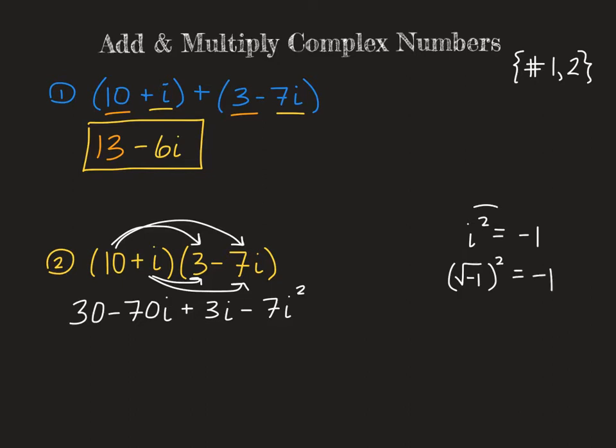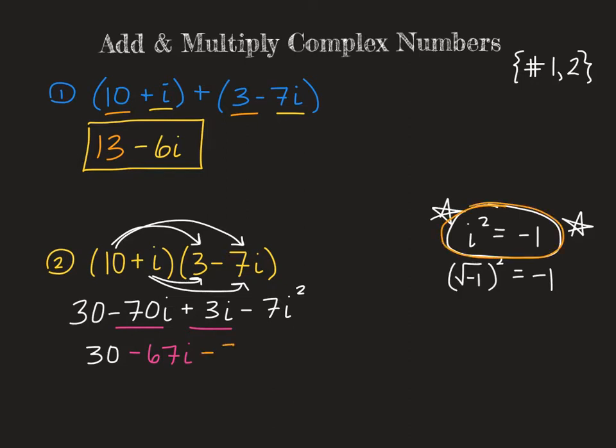This doesn't matter so much. This is what you have to remember: i squared is technically a real number. It is -1. In this next line, I'm going to combine these like terms. So we'll have the 30 still out front, then minus 67i when we combine those two terms. And then finally, this last term I'm not going to do too much with, but I'm going to do this in orange here.